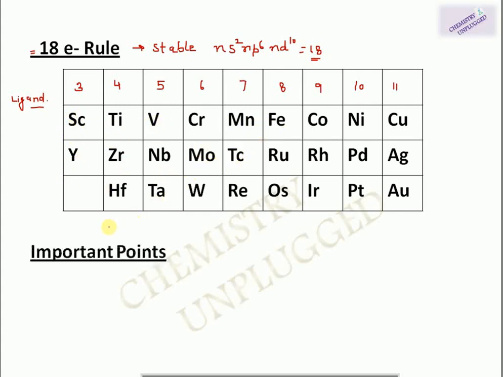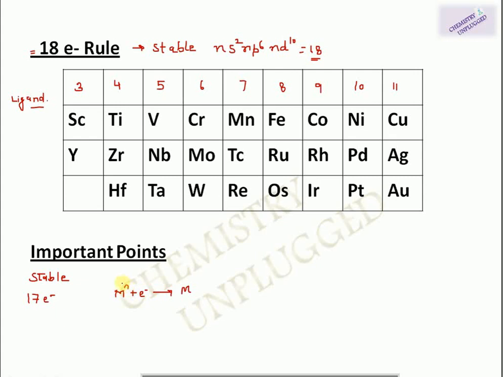Then we will take some important points. The first point is that complexes which have 18 electrons in their outer shell are stable in nature. But suppose some organometallic complex has 17 electrons in its outer shell. 17 electrons means it wants an electron, and when it captures an electron, its oxidation state is reduced.